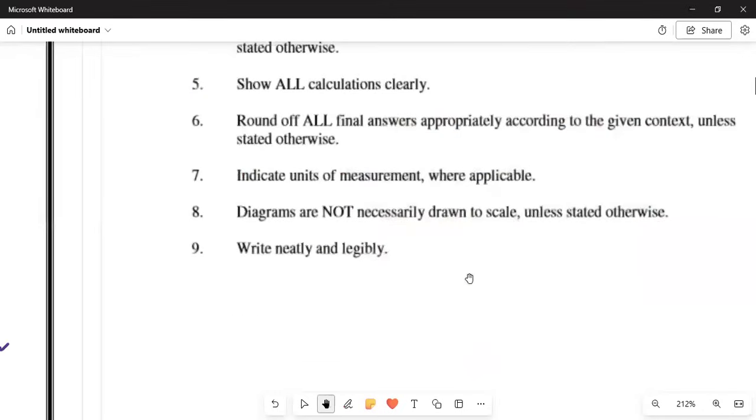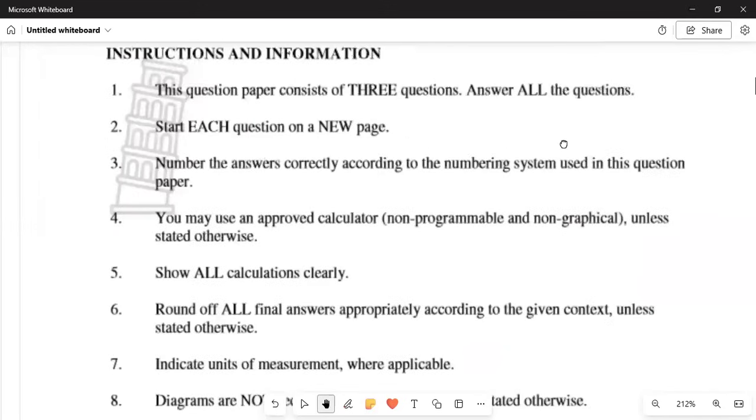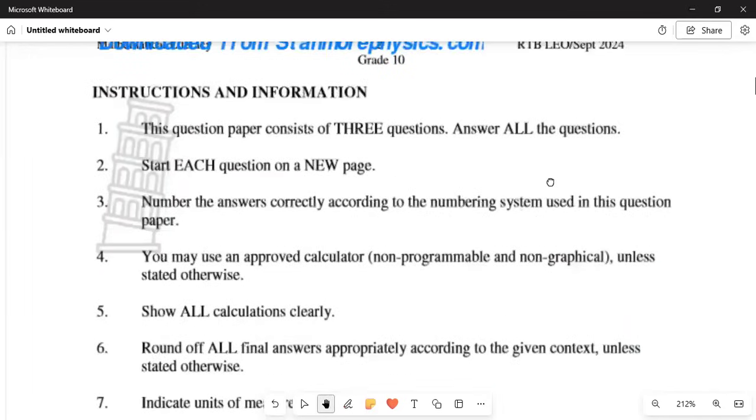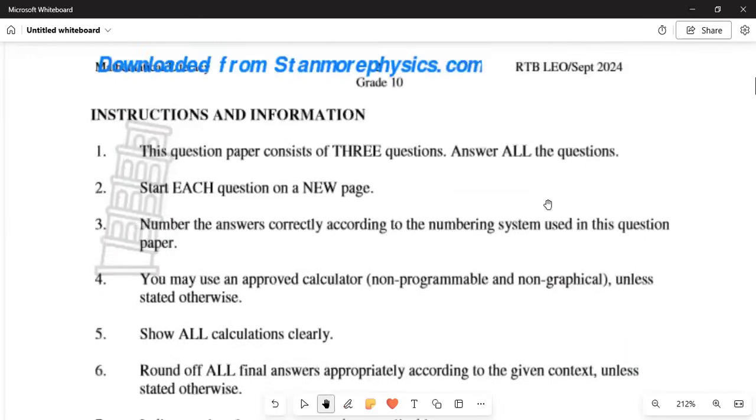So directly, let us move on so that we can begin with our answering of the paper. As you can see on page number 2, we have instructions and information, which are very key and we must abide by. This question paper consists of 3 questions, answer all questions. Number 2, start each section on a new page. Number 3, number the answers correctly according to the numbering system used in this question paper.